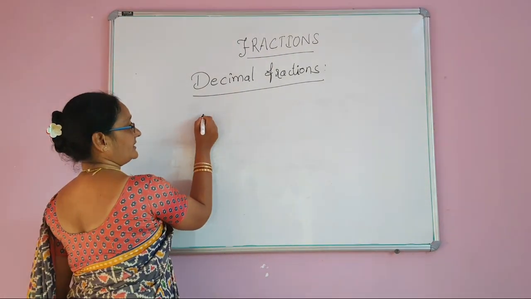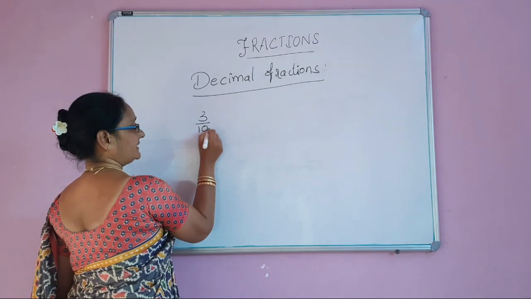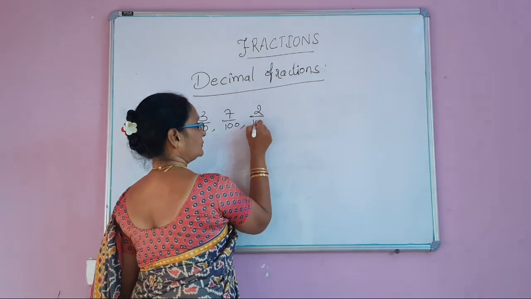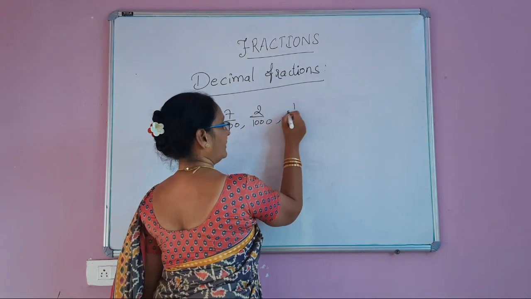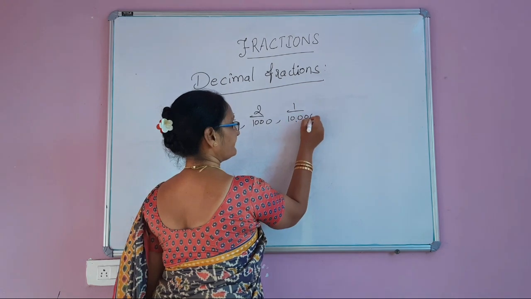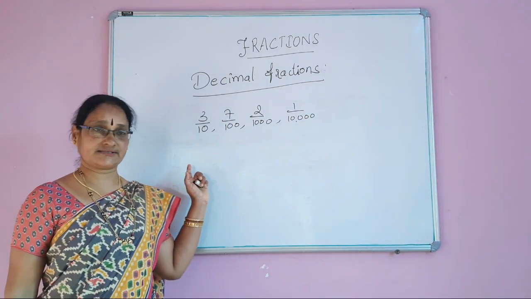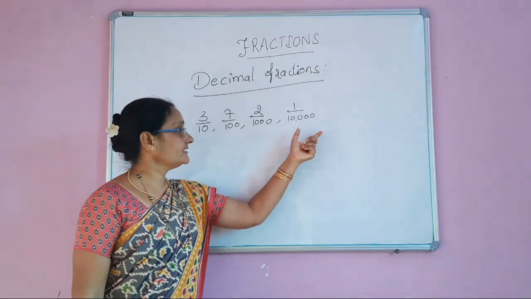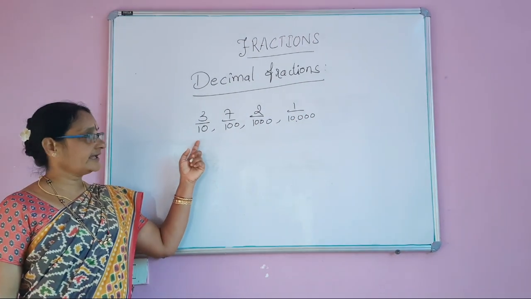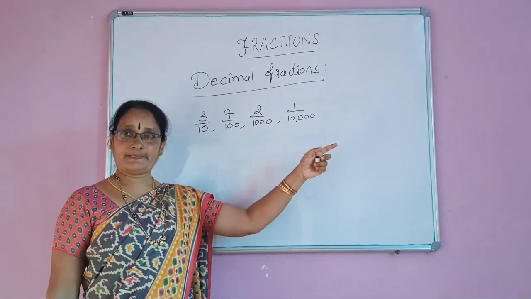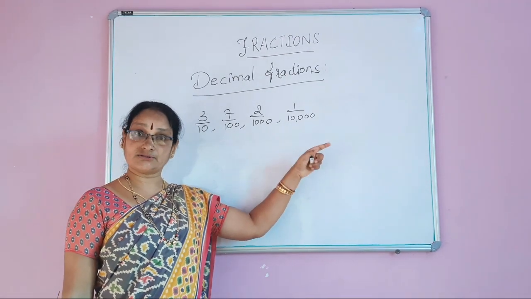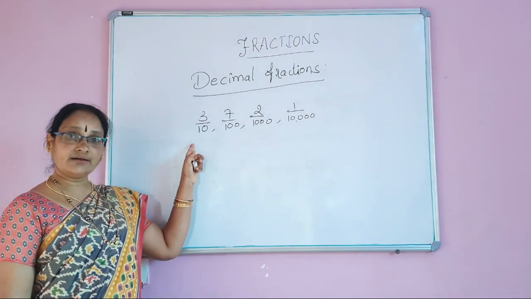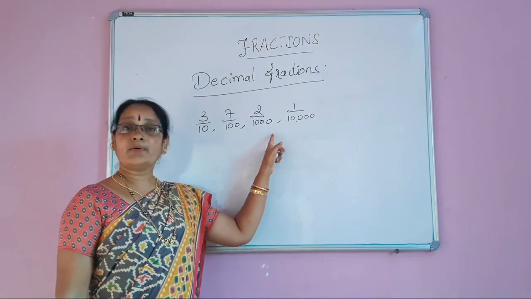Decimal fractions are like this: 3 by 10, 7 by 100, 2 by 1000, 1 by 10,000. These all are decimal fractions. Decimal fractions are those which are having denominators as 10 or a power of 10.